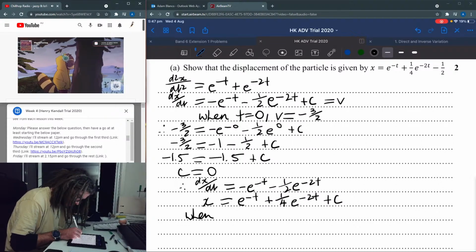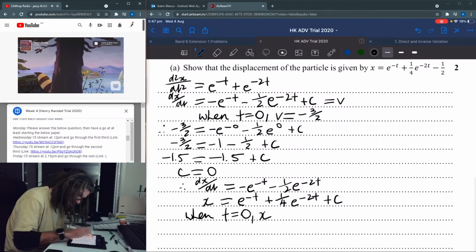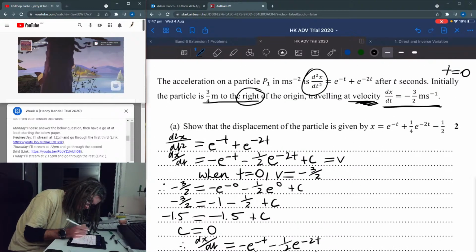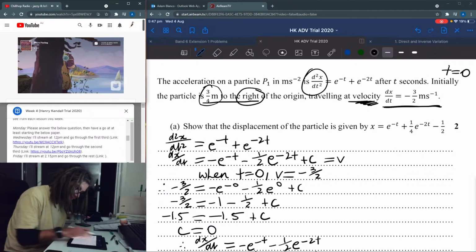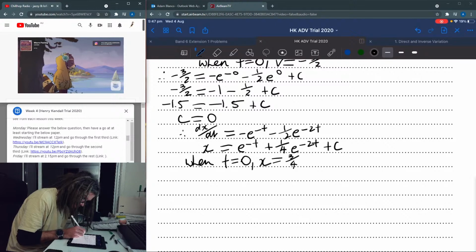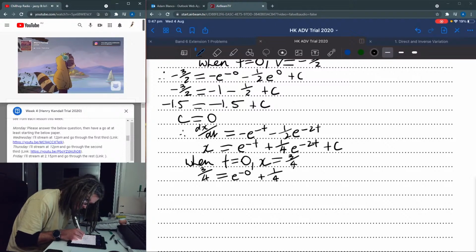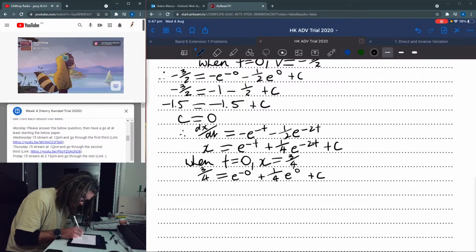When time is 0, our displacement, it said, was to the right, which means positive 3 over 4. So 3 over 4 equals e to the minus 0, it's 1 on 4, e to the 0, plus c. So that's 1 plus 1 on 4 plus c.